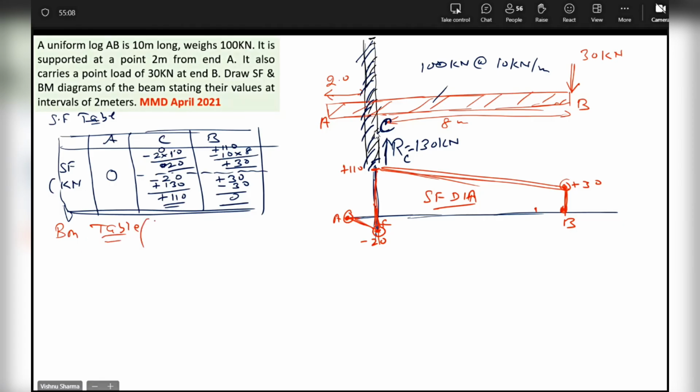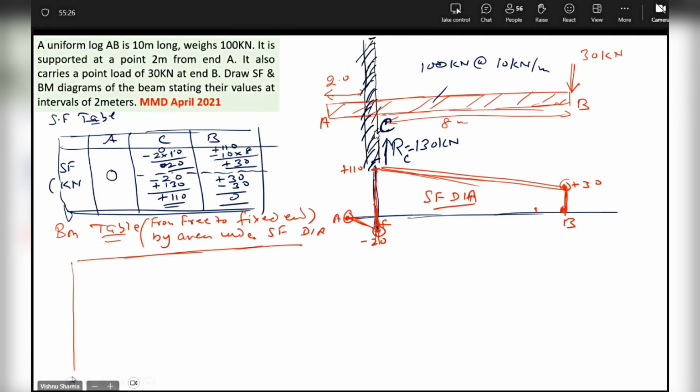So from free to fixed end, by areas under SF diagram, right? I'm making this table big for everybody to clearly see and understand. Not that it needs to be done that way.